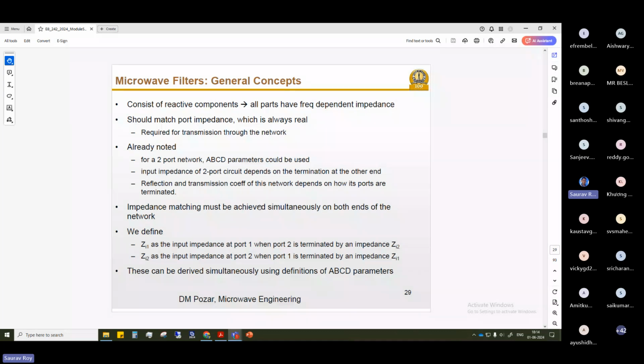If you take a lambda by 8 section of a microstrip line, if it is an open section, it will behave like an inductor, or if it is a short circuit in the other half, it will behave like an open circuit, or vice versa. So the gist is you can design an inductor or capacitor based only on a small section of microstrip line. So that is what you have to use in microwave filters.